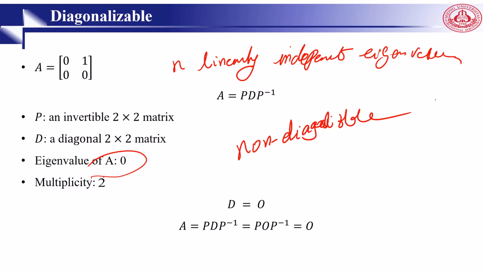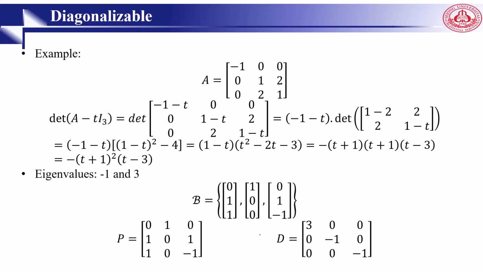In other words, we have to find P as an invertible matrix and D as a diagonal matrix, right? Because A is upper triangular, the only eigenvalue is 0, and its multiplicity is 2. So the diagonal matrix D must be 0, and therefore A equal to P D P inverse is impossible. That's why it's not diagonalizable.